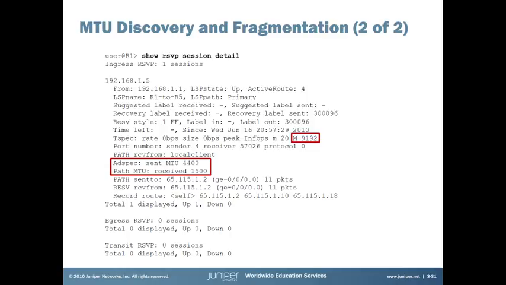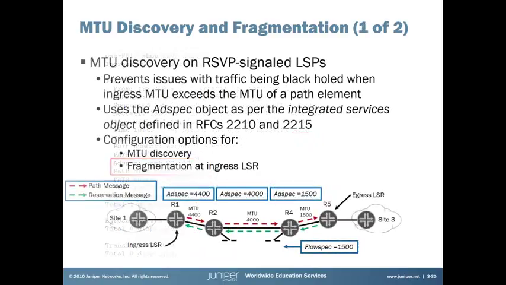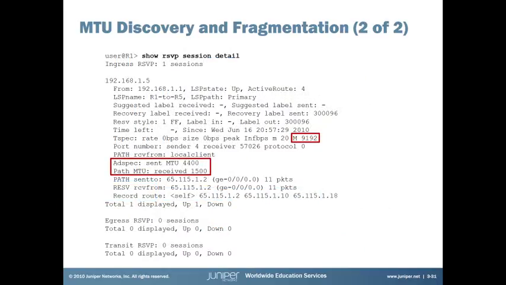MTU discovery and fragmentation, we can take a look at that there, show RSVP session detail, and you can see we've actually configured that. And we've got an MTU path of 1500. So we take a look at the ingress router, it's actually 4470, but we go down to R4, we're down to 1500, and so we've actually received that information.